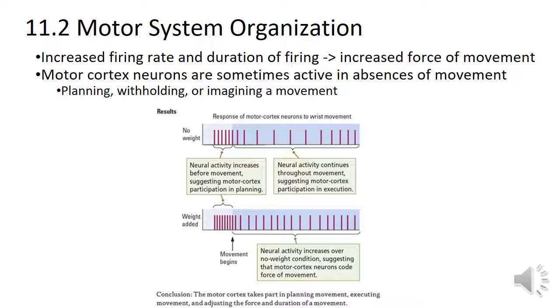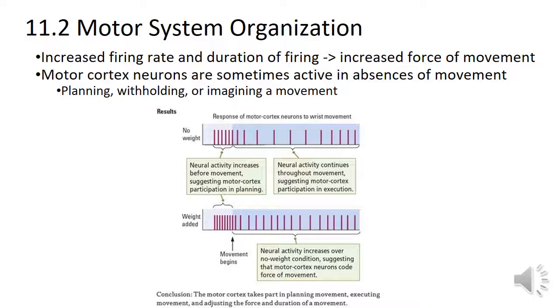Sometimes we might see neurons in the motor cortex firing even when someone is not moving, and this is coding for planning a movement as well as withholding a movement, so kind of wanting to do a movement but not doing it, inhibiting this. The motor plan is still being activated in the cortex, as well as when imagining a movement. There's a famous study where an individual was in a coma, I think, and they were asked to imagine playing tennis.